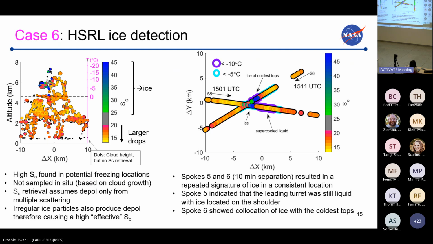And so here, where we see indications of ice formation, it coincides with the highest part of the cloud. Again, we're working on this, trying to get cases where we have in situ comparisons, but it's definitely an exciting potential use of LiDAR ratio to identify ice for the ACTIVATE data set.